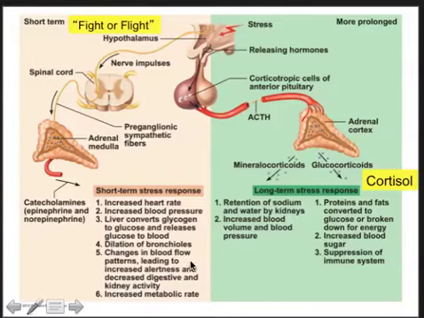So we basically decrease blood flow to the kidneys and increase blood flow to the muscles, and of course we have an increased basal metabolic rate, so that we burn the fuel in the blood more quickly, turn it into ATP, and use that ATP immediately to perform some kind of an action.